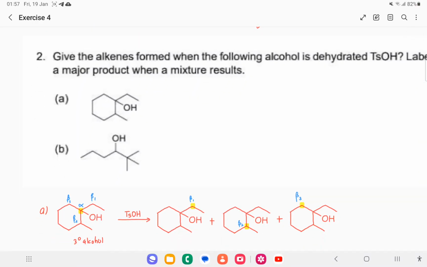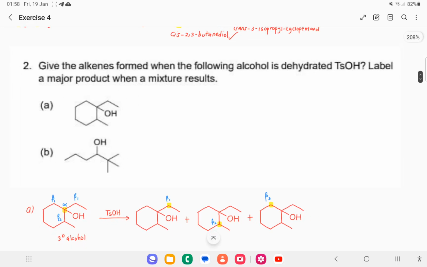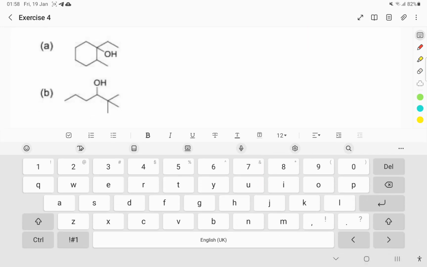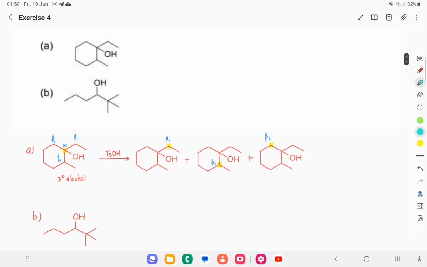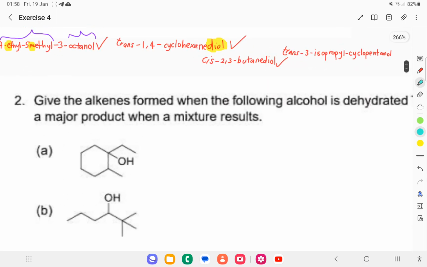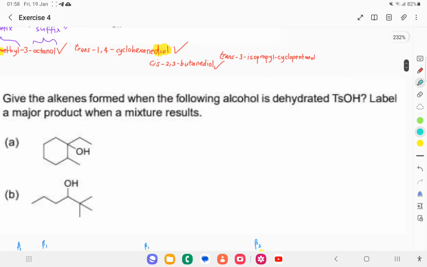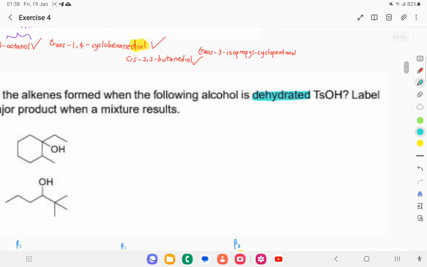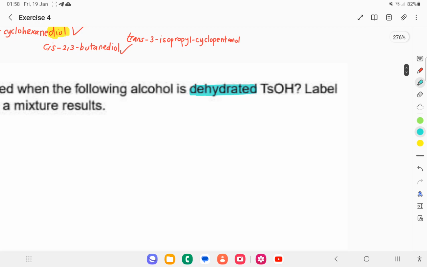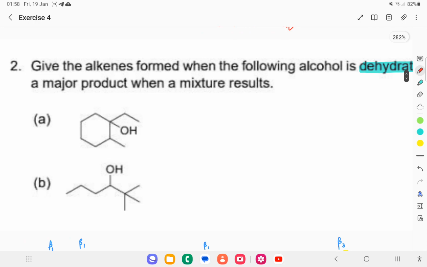We are going to discuss question number 2. Give the alkenes formed when the following alcohol is dehydrated. This is the keyword, dehydrated with TsOH. Label a major product.